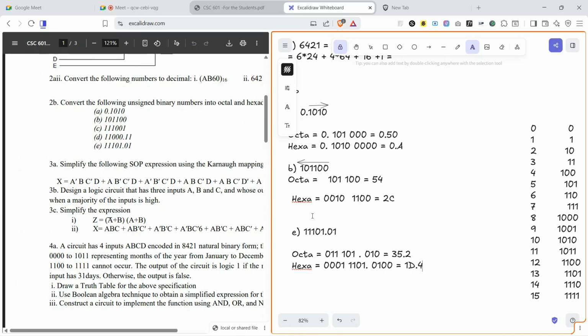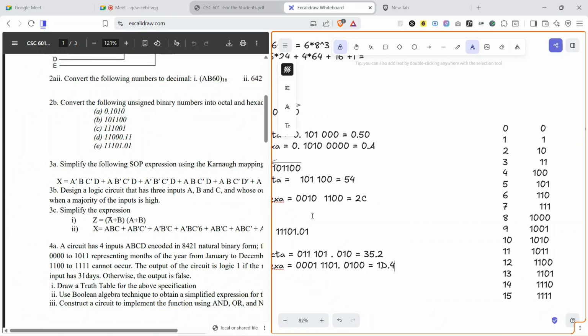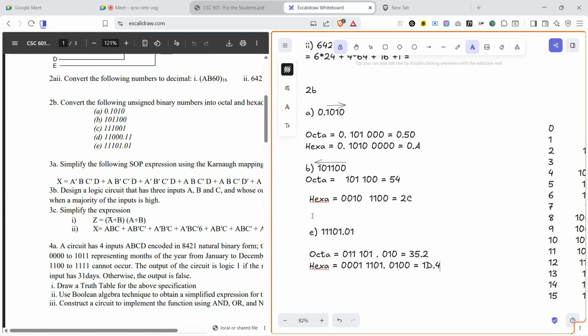Any question? Yeah, I have a question, please. So you say when it is decimal, we are going to count it to the right hand side, right? You are counting here to the right, yes. But this last one you just did now, you count to the left now. It's to the right, because you started from, look at the octa. It says 0 0 1 1 1 0 1.